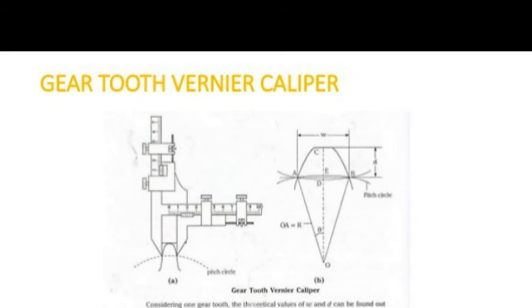Width W is therefore called the chordal thickness, and d is the chordal addendum. The accuracy of measurement is limited by the least count of the instrument, which is normally 0.05 mm, and the wear is normally concentrated on the two jaws. They get worn out more quickly.